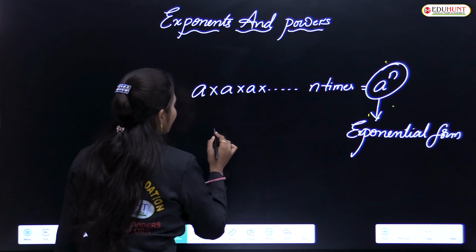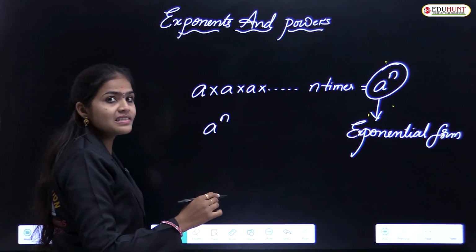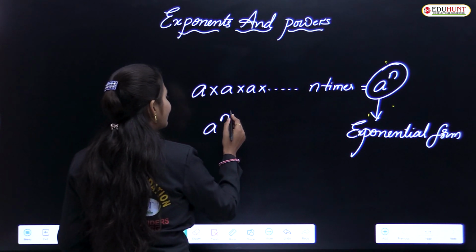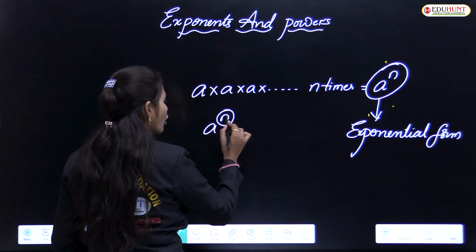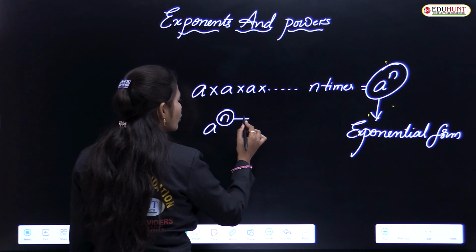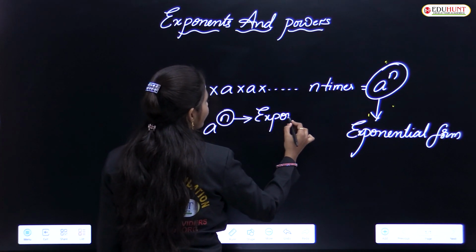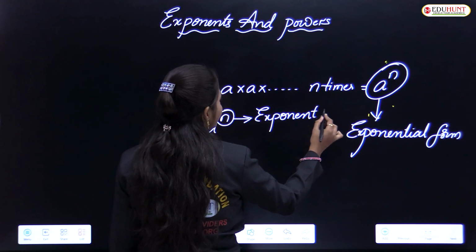So a power n means a is multiplied by itself n times. We write n at the top of a, so we call this n the exponent.